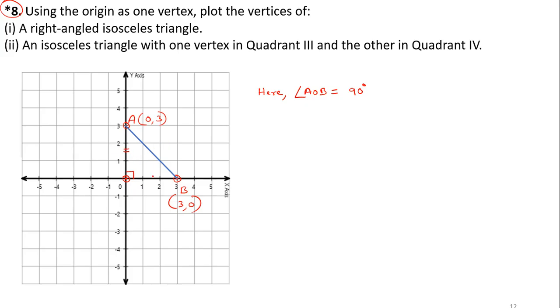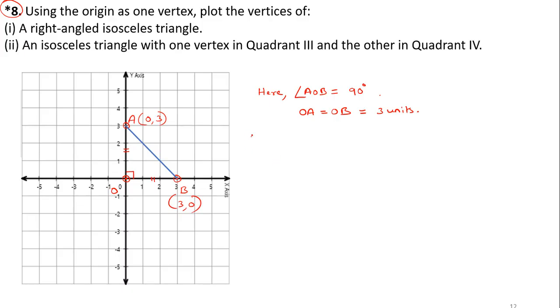This side is equal with this side. So here OA is equal to OB, and this point is O, which is equal to 3 units. Both are equal.